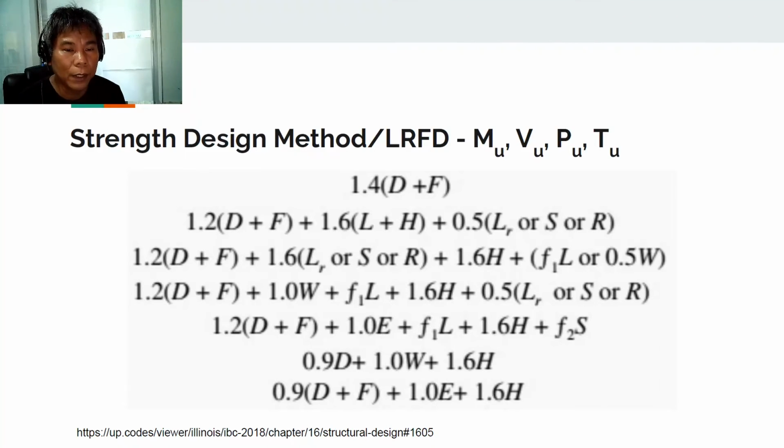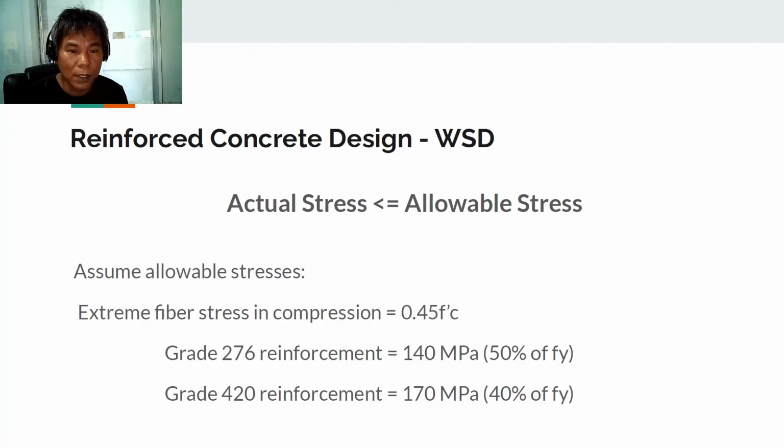For a combination of live load and dead load, the load factor is 1.2 for dead load plus 1.6 for the live load plus 0.5 for the roof live load. But if there will be combination of wind, the third equation you can use, and the fourth equation. And if you have a combination of earthquake, dead load, live load, and earthquake, you can use 1.2 dead load plus 1.0 earthquake plus F1 times the live load. And the rest of the equations you can use. Okay, so this is how we do it.